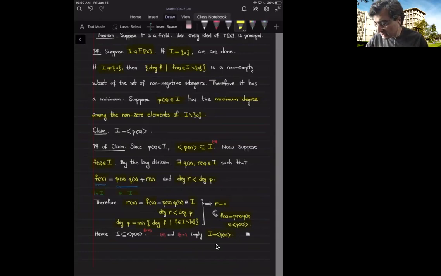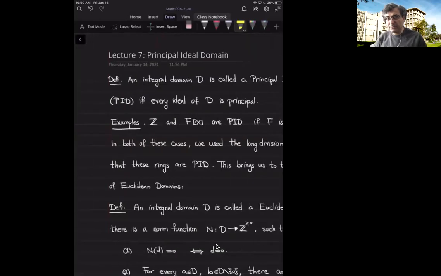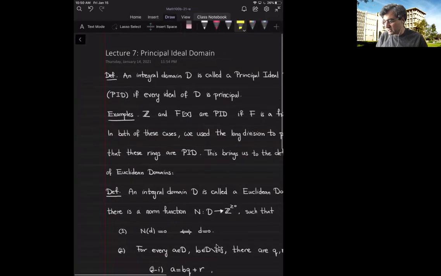Okay, so this brings us to the definition of a principal ideal domain. So let's see what is the definition of a principal ideal domain.